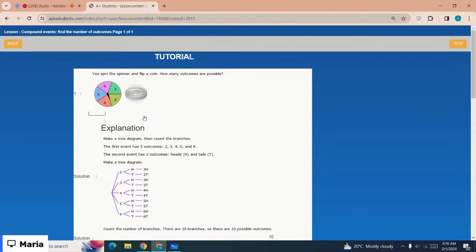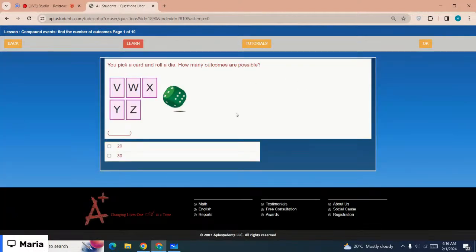Okay, let's just start with the practice questions, test questions. You pick a card and roll a die. How many outcomes are possible? So, which is the correct option? You have five cards, right? And for the dice, you have six options.